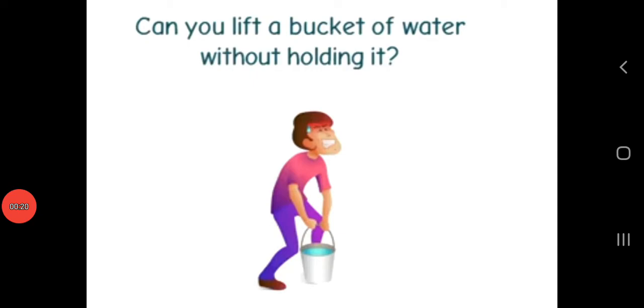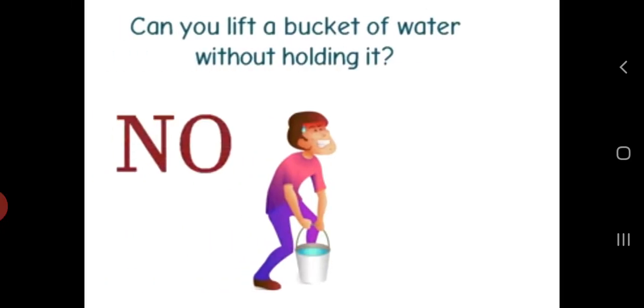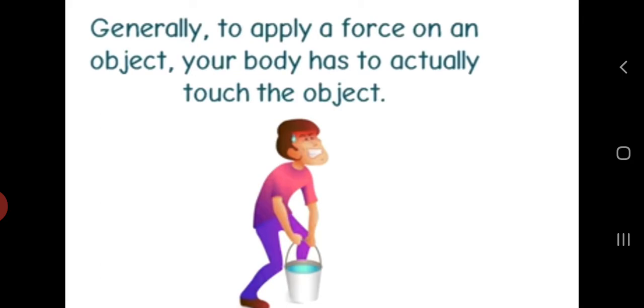In our everyday life, we often have to push or pull objects in order to move them. For example, can you lift a bucket of water without holding it? No. Generally, to apply a force on an object, our body has to actually touch the object.